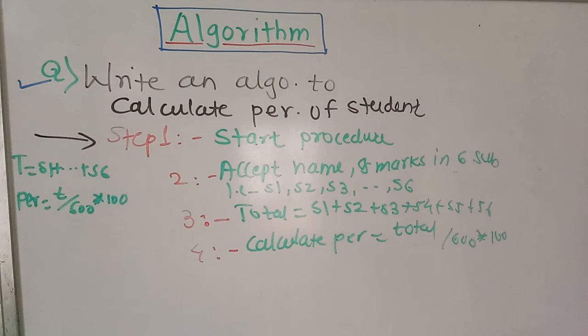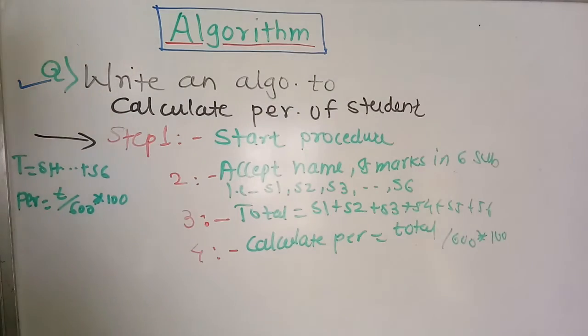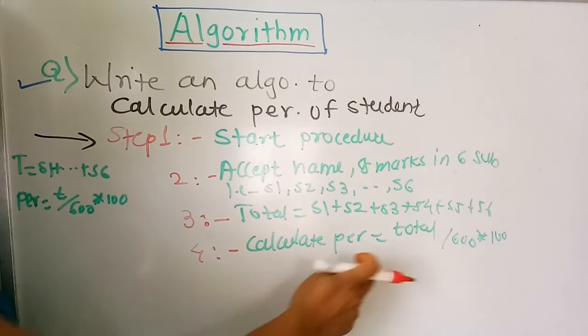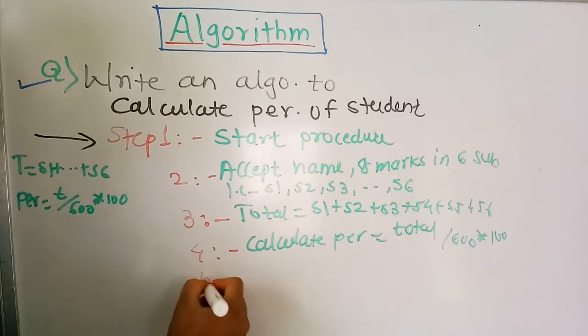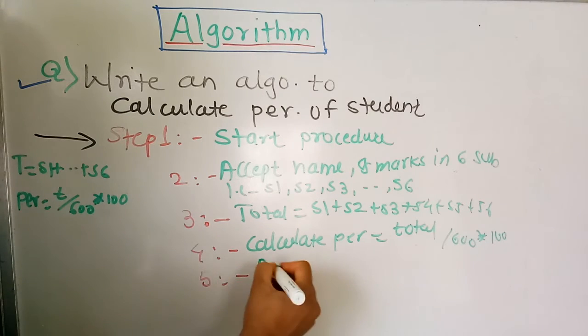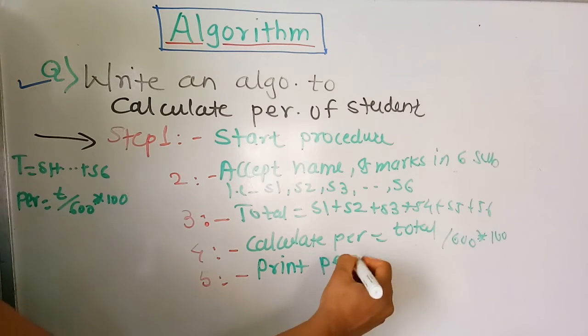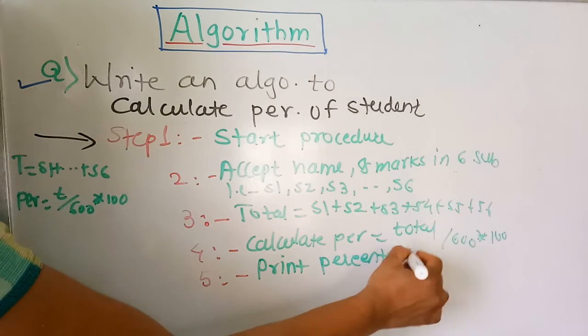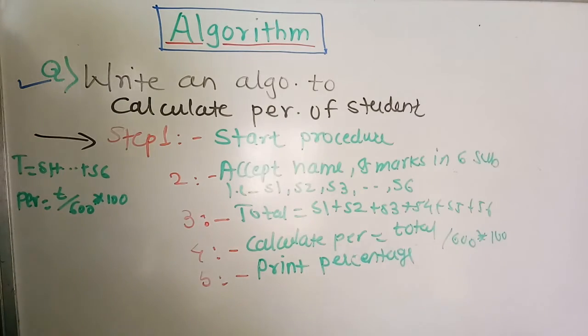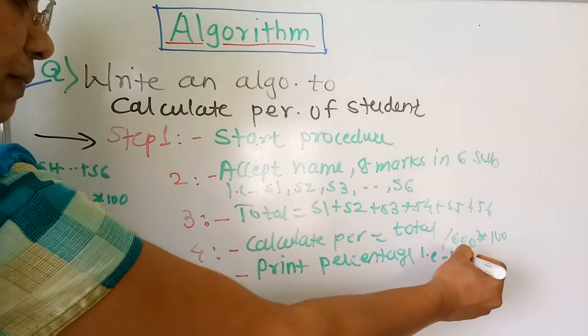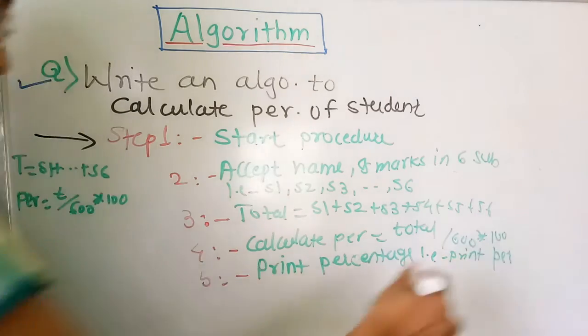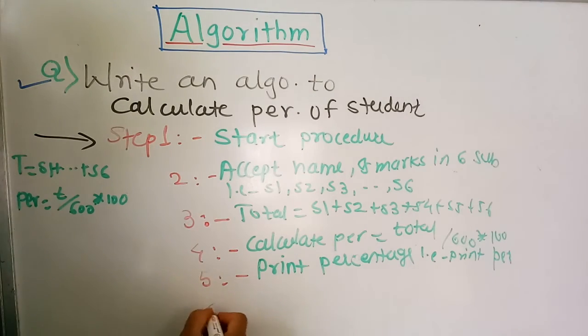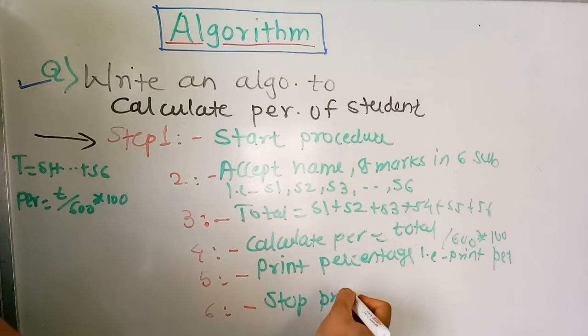Okay, we have calculated the percentage. Then, as we have calculated our percentage, the only step that remains is to display the percentage. So we will print the percentage. And the next and last step is nothing but stop the procedure.